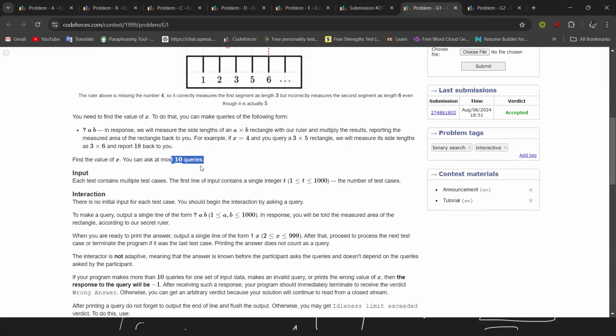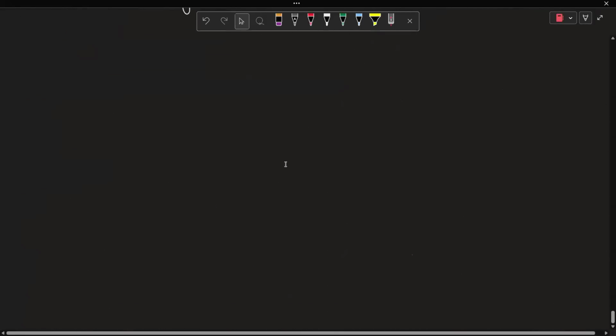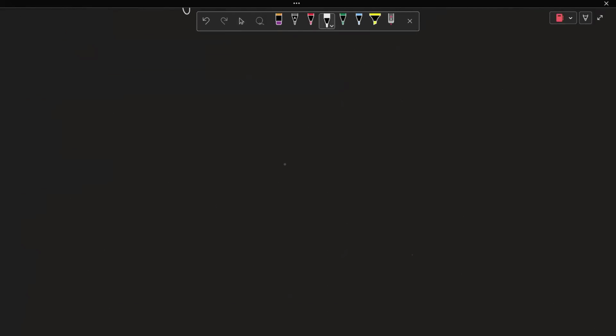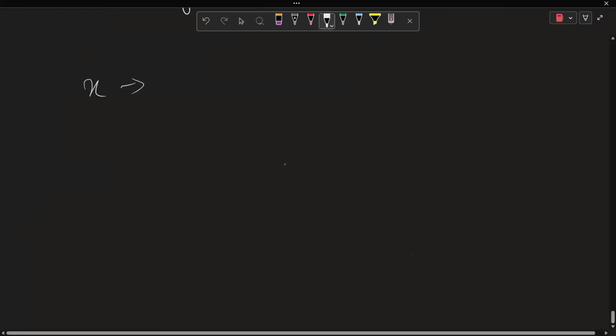So how can we do that? The first thing that we know is that x is in the range from 0 to 999. That's the range of x.